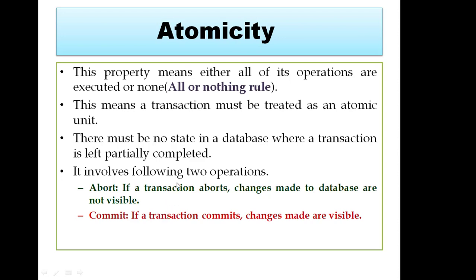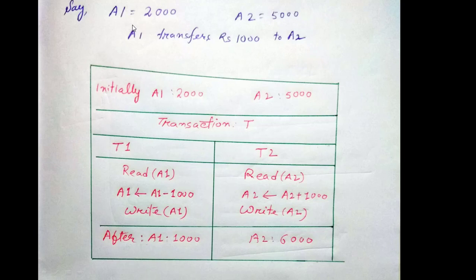Let's take an example. Say we have two saving accounts of two persons, A1 containing 2000 rupees, and A2 has 5000 rupees. Now A1 transfers 1000 rupees to A2. Consider this diagram: initially we have A1 as 2000 and A2 as 5000.